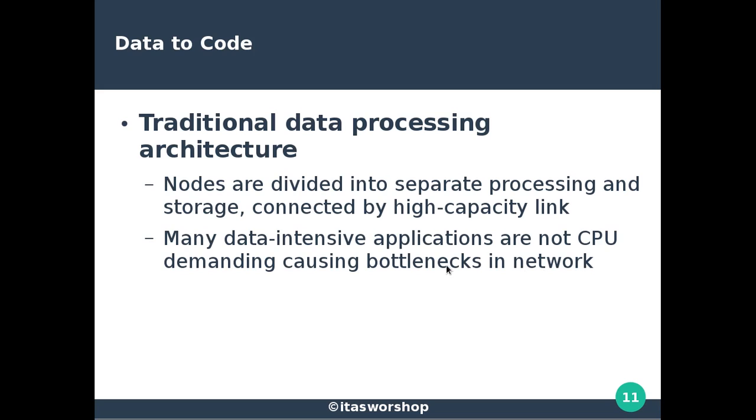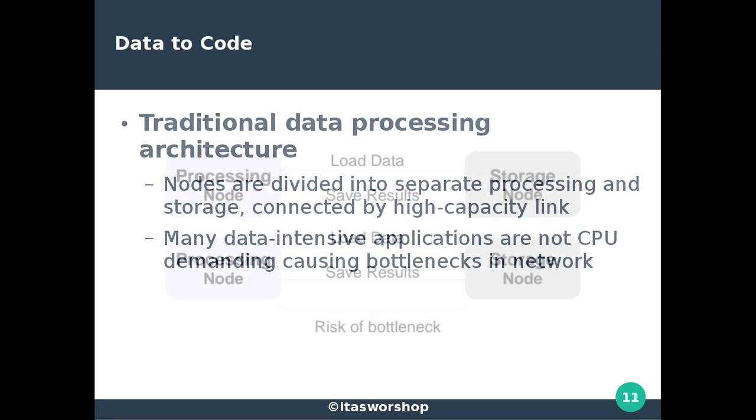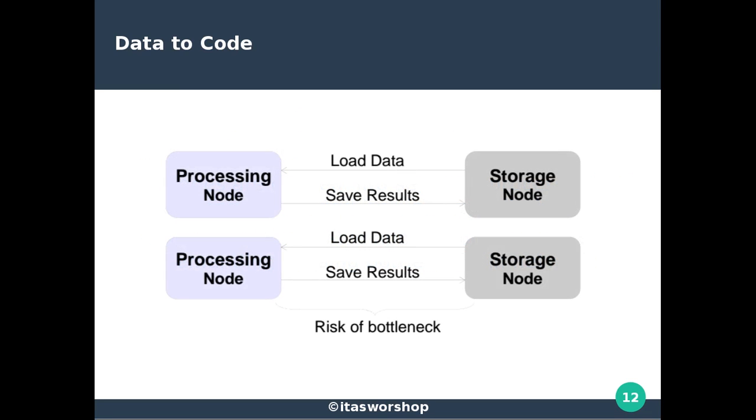So we are just demanding data, and we are transferring the data throughout the network all the time. So it causes bottlenecks in the network. Consider this diagram: processing node, you are loading data and you are saving the result, so taking data and saving the intermediate result or final result.